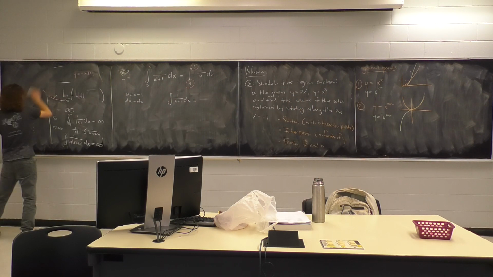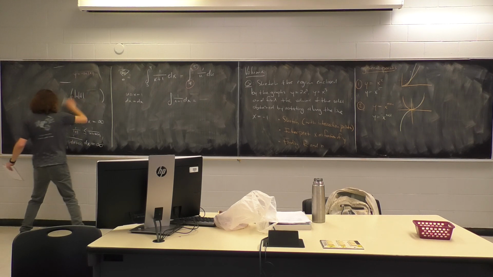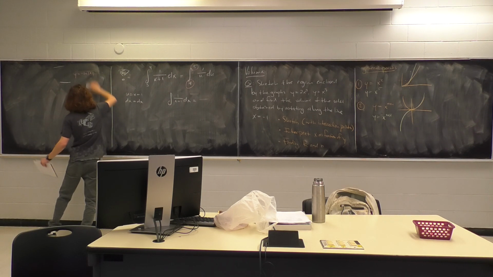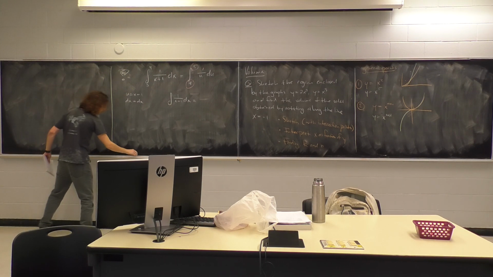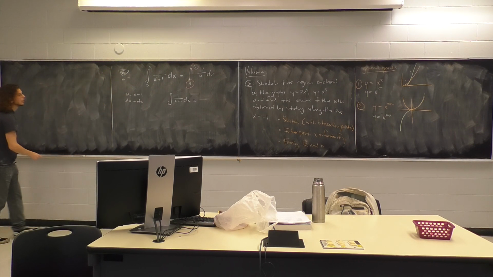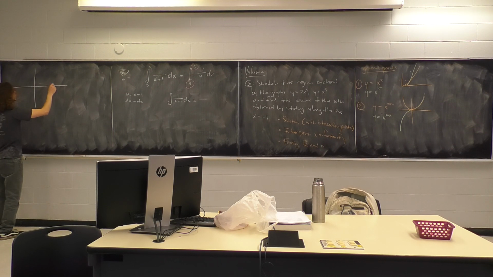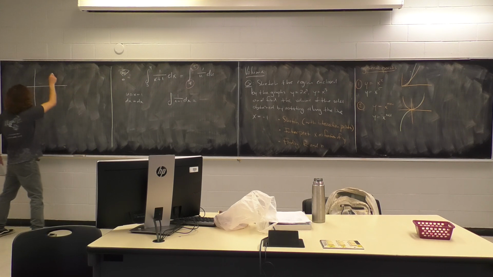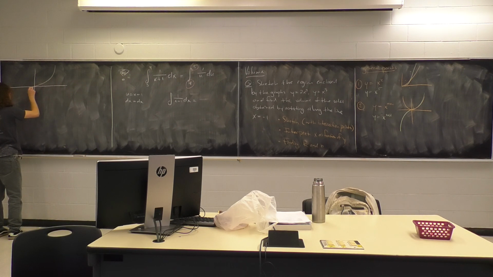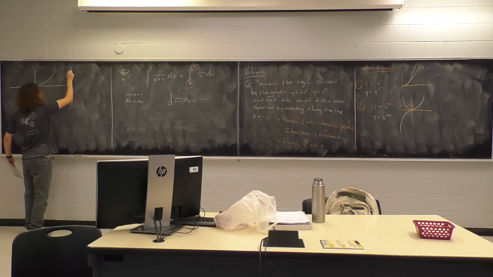So how to draw this? These are things you should always keep in mind when sketching: basic behavior of polynomial functions. And now that we know this, the first one is easily found. This will be y equals x cubed.